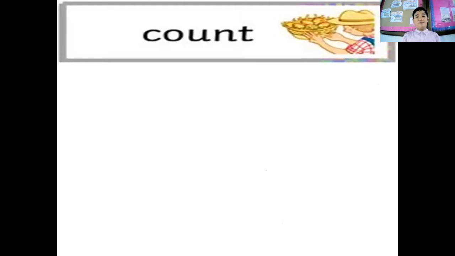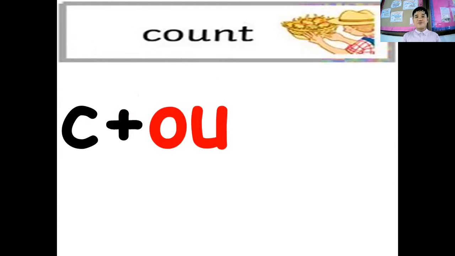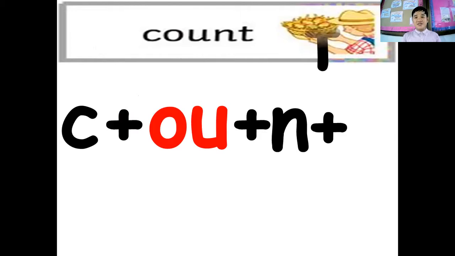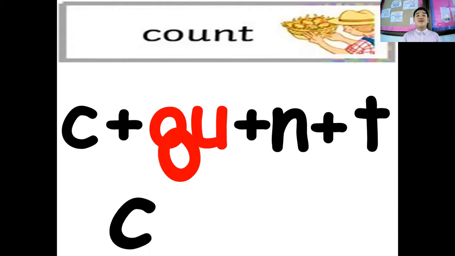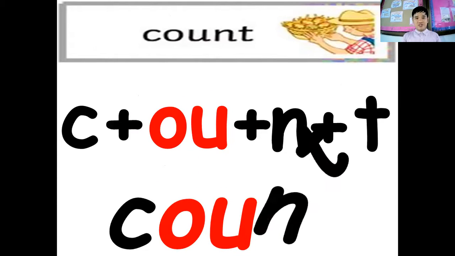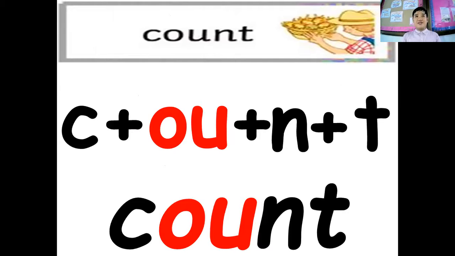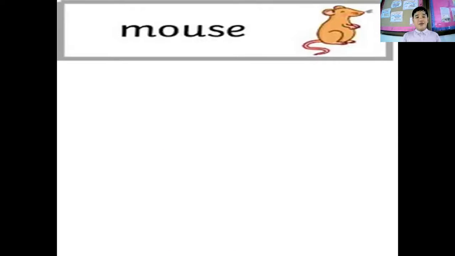This word will be pronounced as k, plus ow, plus n, plus t. So if you read it, that is count. That's right.